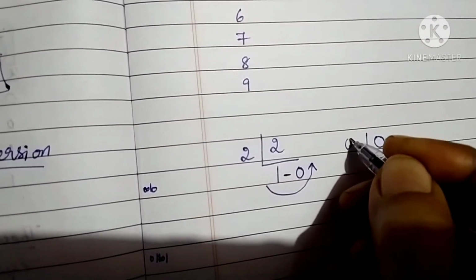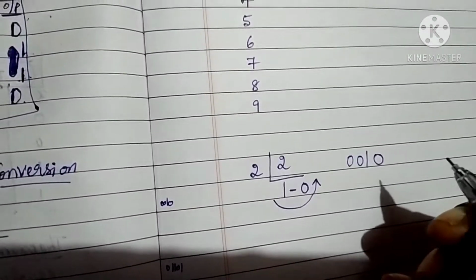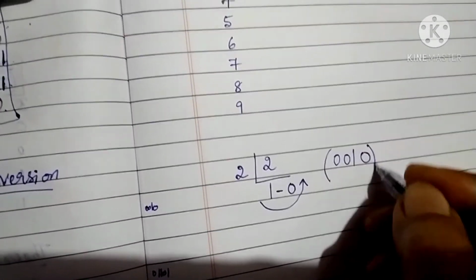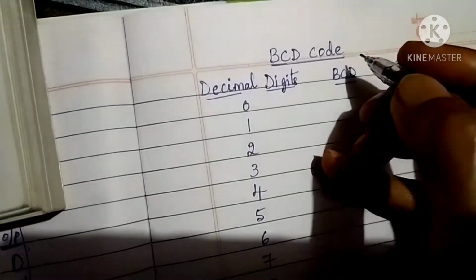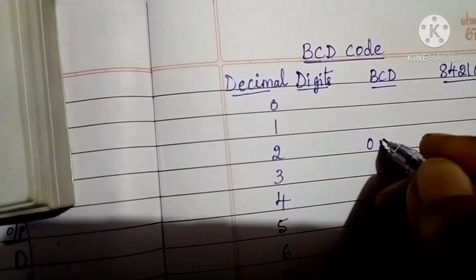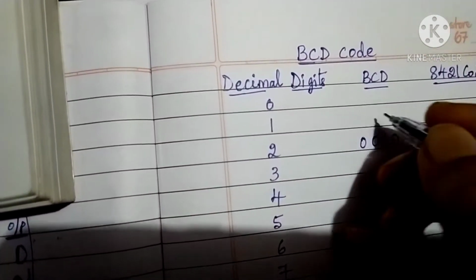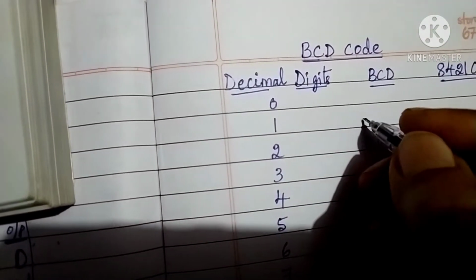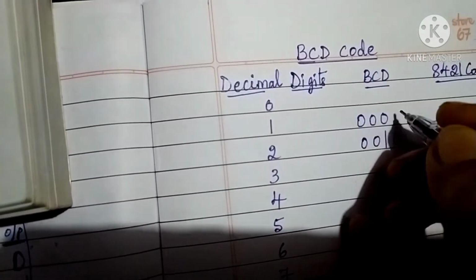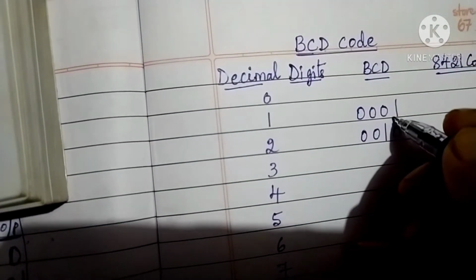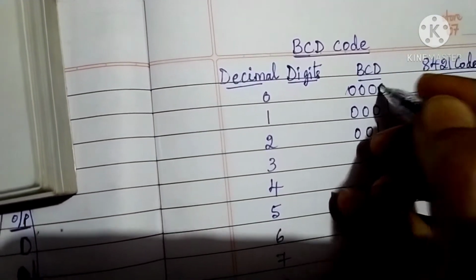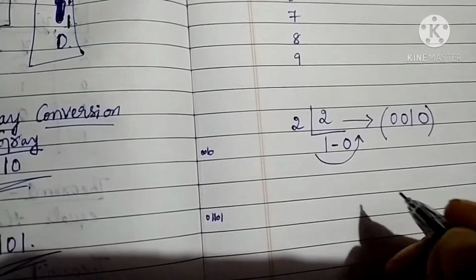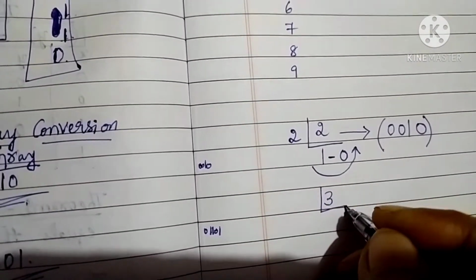Preceding this, we had 0 0. So this is the BCD equivalent of number 2. I am going to write this number here: 0010. You cannot divide 1 by 2, so you keep it as it is, because it's just a matter of 1, and here also it's only a matter of zeros.